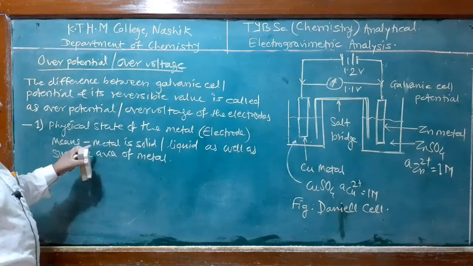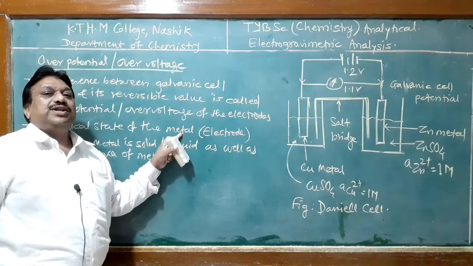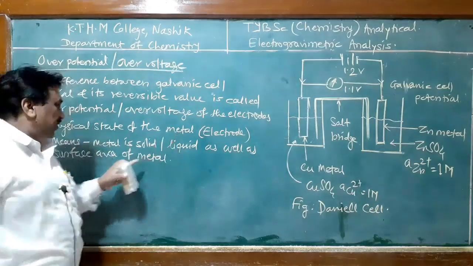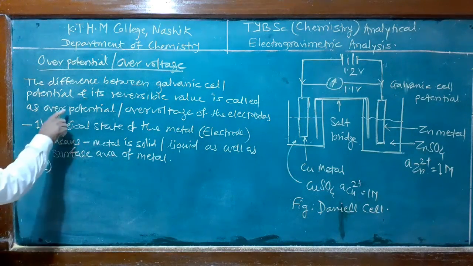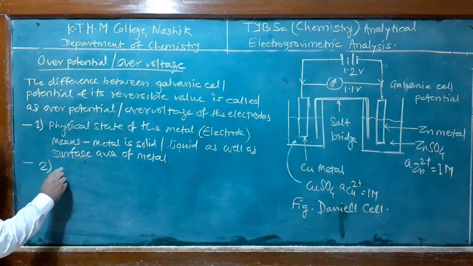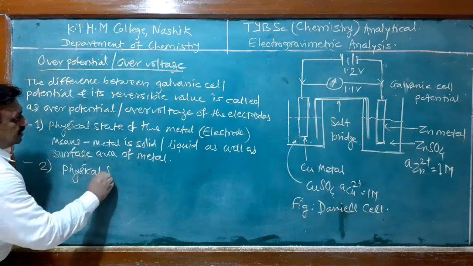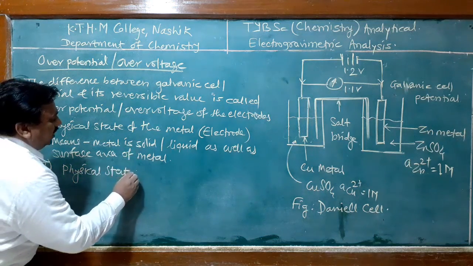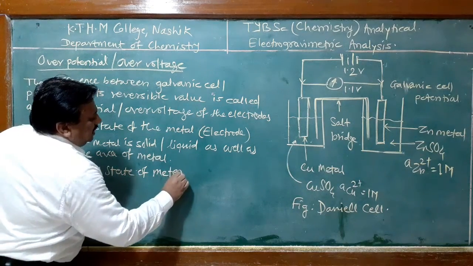Therefore, when the physical state of the material is metal, then overpotential is less. Therefore, the second parameter that determines the overpotential is called the physical state of the material deposited.